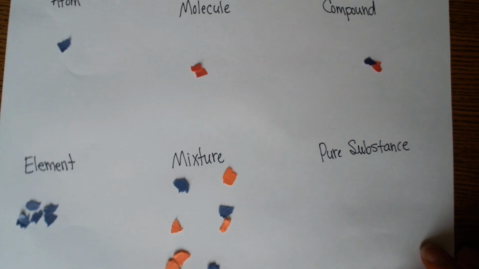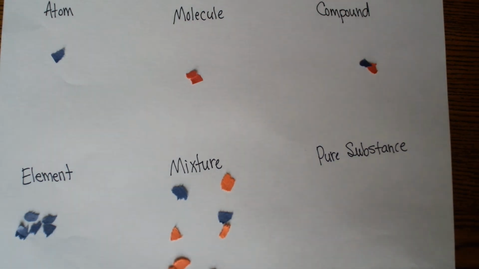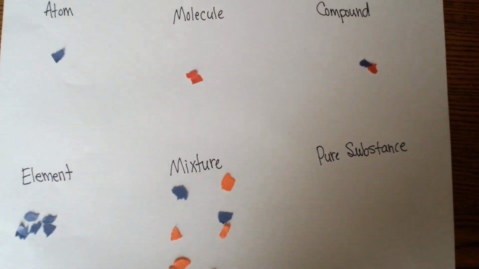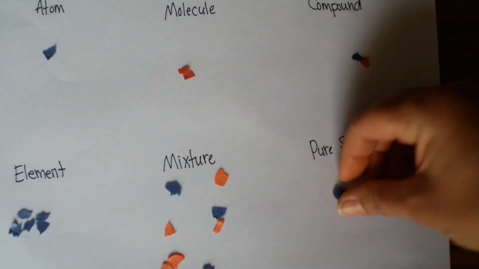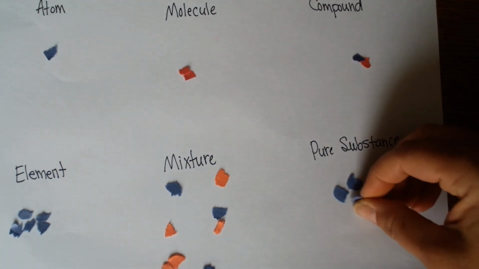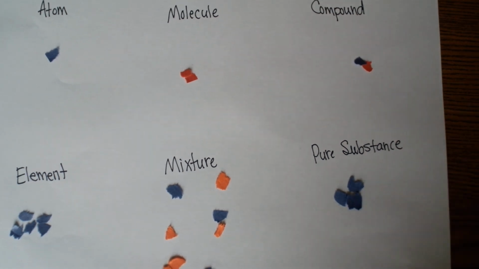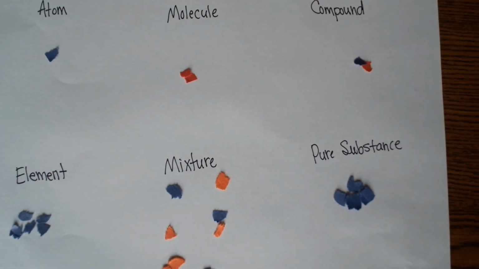Alright, so pure substance. If we know an element is all one kind of atom. Okay, so a whole bunch of the same color again, so a pure substance could be an element. Right? It could be the same thing. But what is another way that you could have a pure substance and it not be an element? Think about the water that you buy at the store. It's supposed to be pure, right?